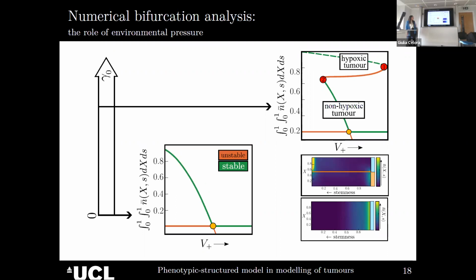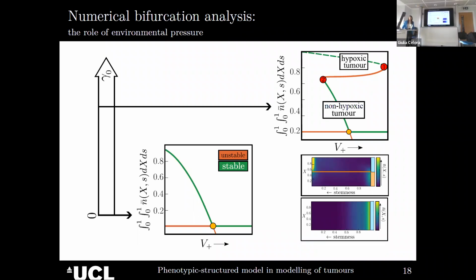And then in the upward branch, we have this hypoxic tumor. So we have the formation of a hypoxic region. And you can see that now there is a spatial dependency. Cells accumulate along S equals 1 in the high oxygen region, while in the low oxygen region, we still see the appearance of cancer stem-like cells.